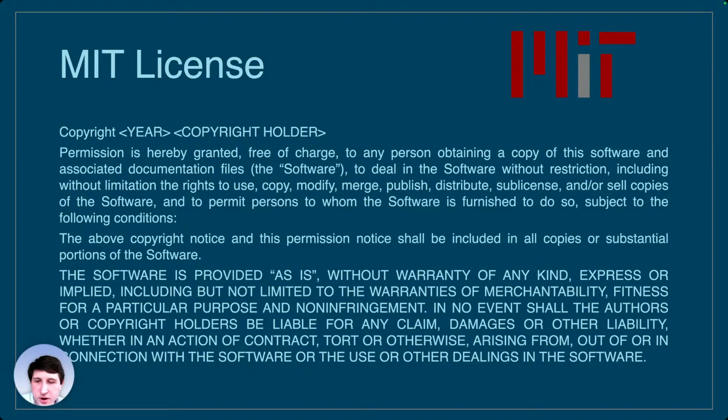The middle part, the above copyright notice and this permission notice shall be included in all copies or substantial portions of the software. That's that acknowledgement clause we were talking about. So it's saying you can do whatever you want with it with only one restriction, and that's that you must acknowledge that you got this software and included it in your own software. That's the only requirement of the MIT license, which is the most popular open source license.